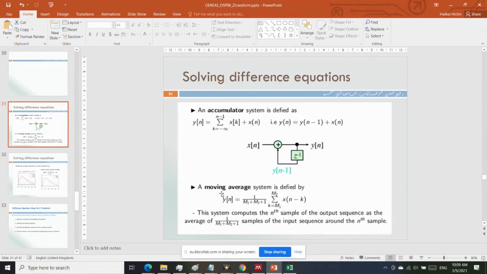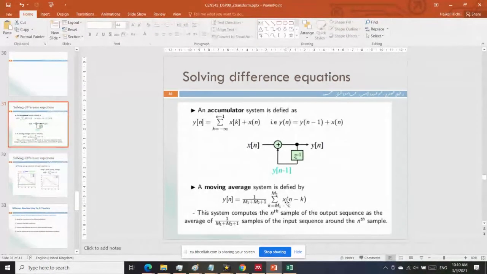Another example is the moving average. Maybe you want to build a system that computes a moving average of x. So we have x, a signal, and yn is the moving average. For a moving average, we take the average of the current value with the previous or next ones, from a few previous ones, from M1, all the way to M2.